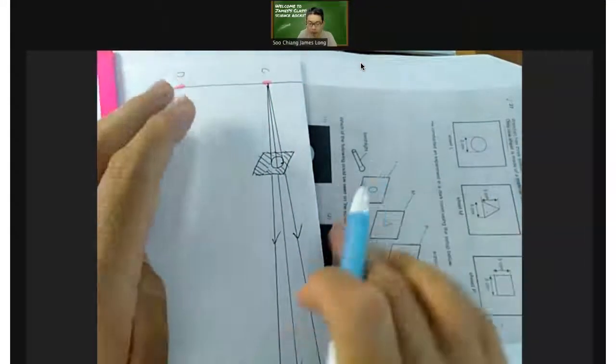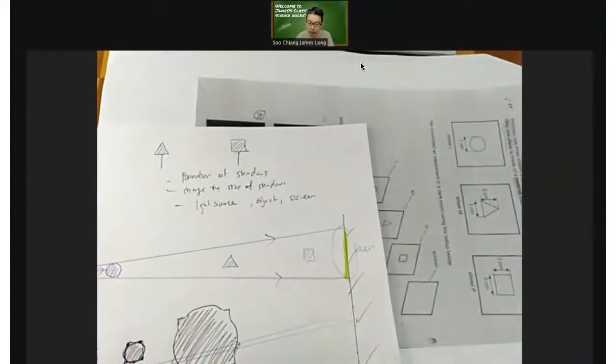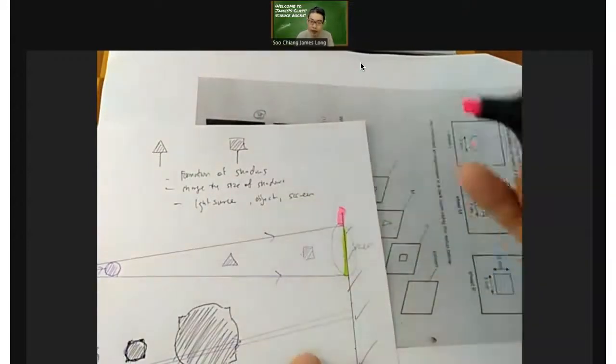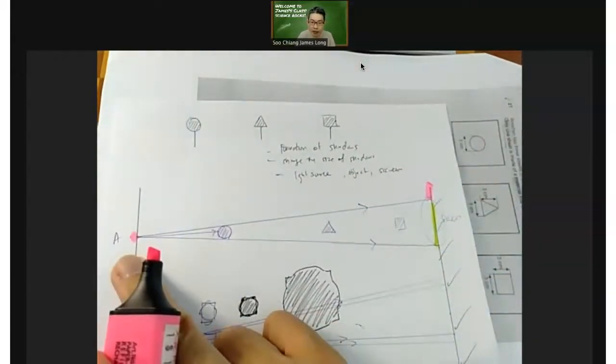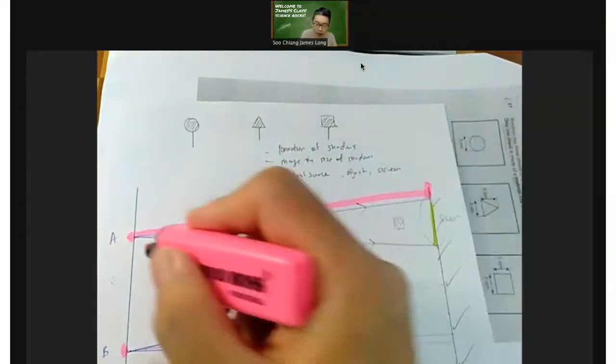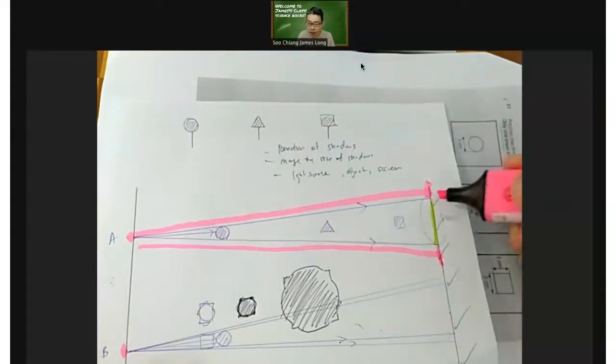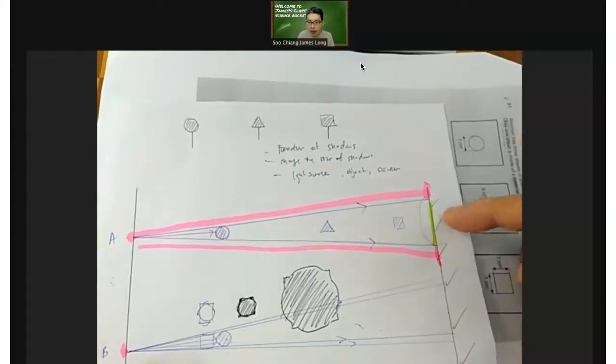So previously, the part above is bright. Remember, pink color is the light source, right? So now all the light that passes above here will be here. Light that passes below will be here. This one was bright. The green part was the part that represents a shadow.